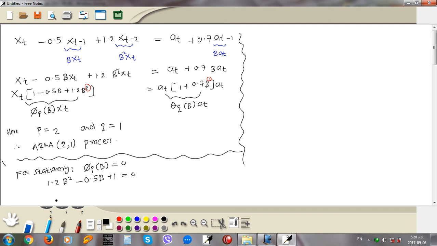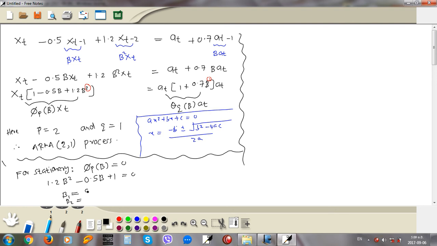Then we can solve this using a calculator, or you can use the formula. If the equation is given as ax² + bx + c = 0, then x = (-b ± √(b² - 4ac)) / 2a. Using this we can find the values of B. We get two values because this is a quadratic equation, B1 and B2.